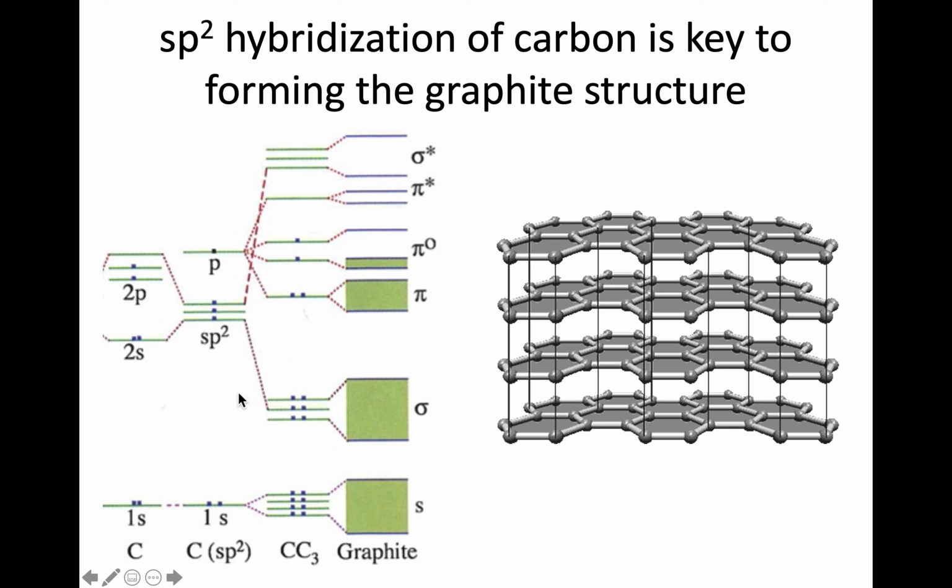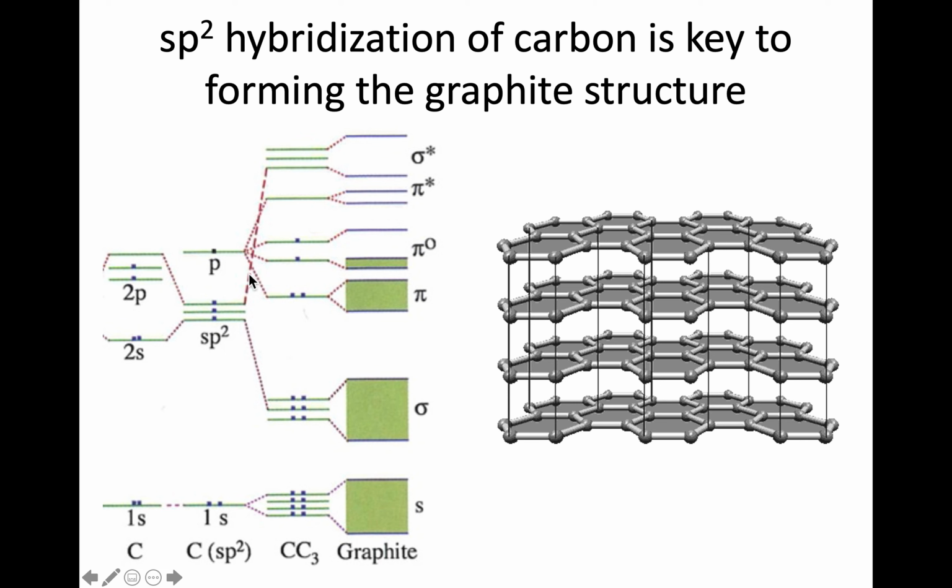And when we bond carbon to other carbons in this honeycomb structure, what happens is the sp2 forms a sigma bond here, and then an anti-sigma, the sigma star. So this is the bonding, this is the anti-bonding. This is completely full, this is completely empty.